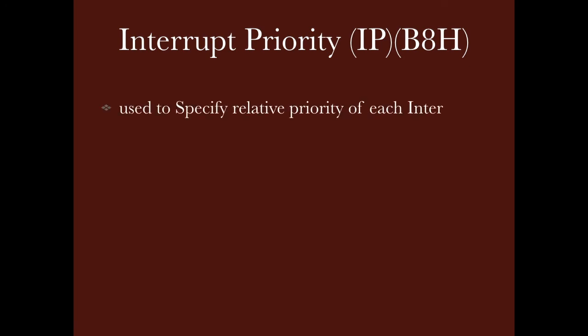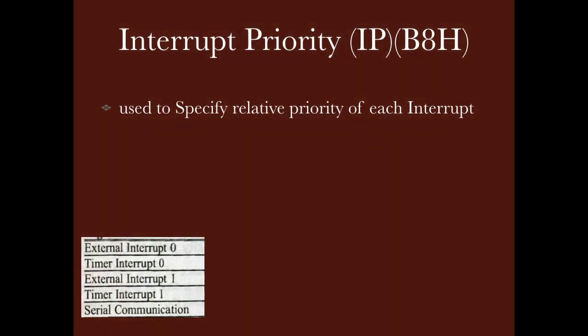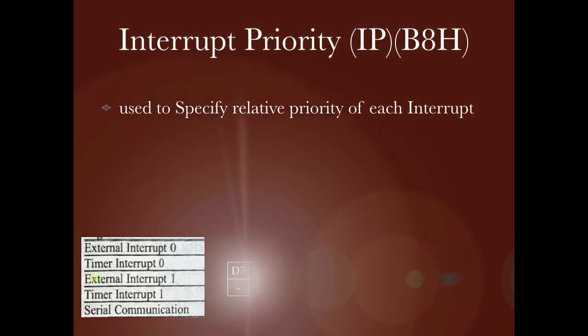One more register, the interrupt priority register, again an SFR related to interrupts. The RAM location is B8H for this register, and this register is used to specify the relative priority of each interrupt. The figure here shows the list of interrupts and the IP contents.